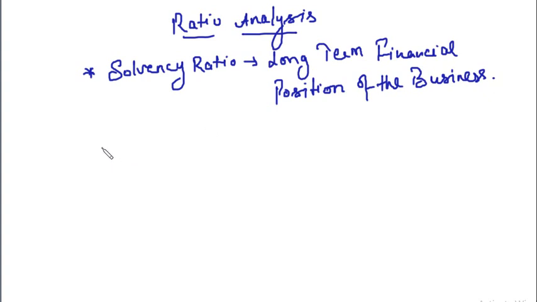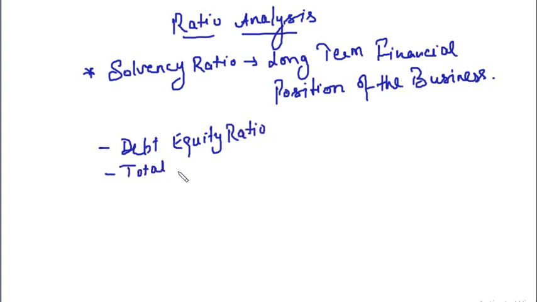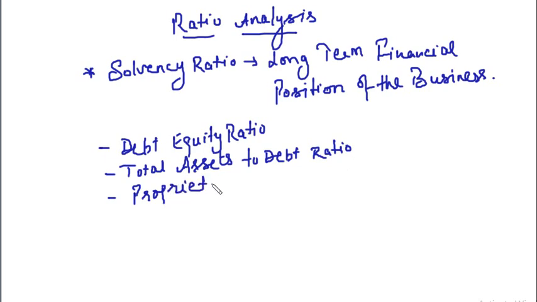three solvency ratios. The first one was debt equity ratio, right? The second one was total assets to debt ratio, and the third one was proprietary ratio, right?